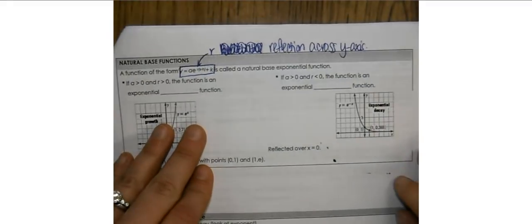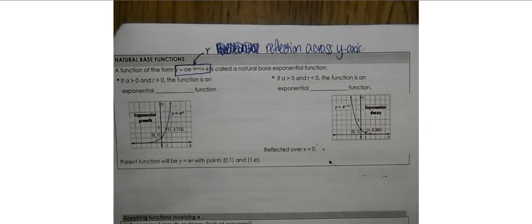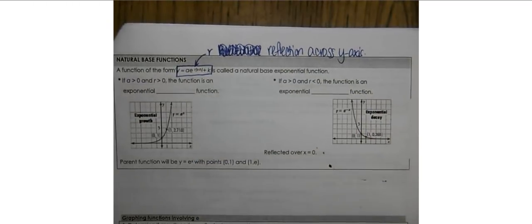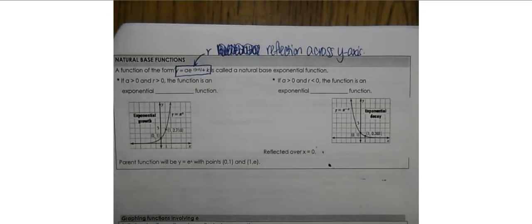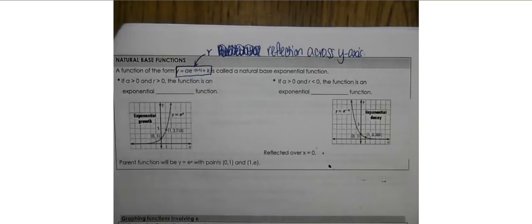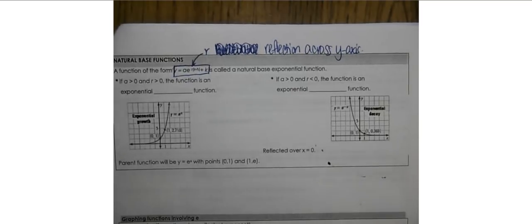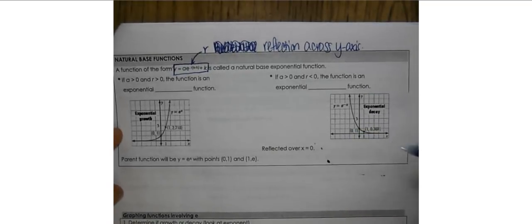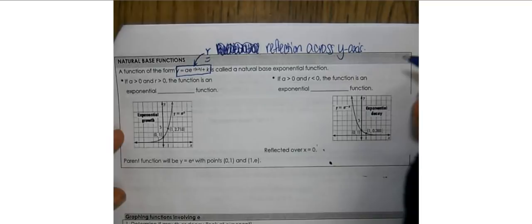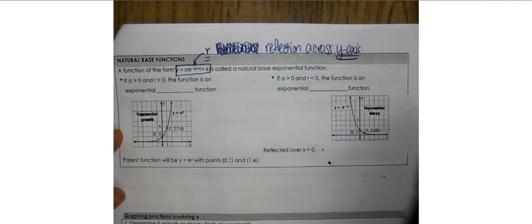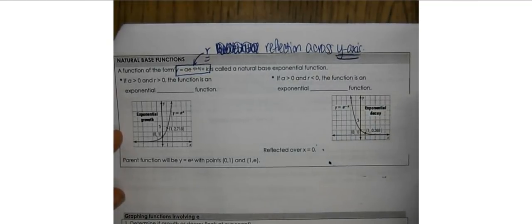If r was a number other than -1, then it would be a horizontal stretch or shrink, but we're not going to talk about that concept in this class. You'll talk about it more in pre-calc and in calculus. So for right now, we're going to work with r being a reflection across the y-axis instead of a reflection across the x-axis.